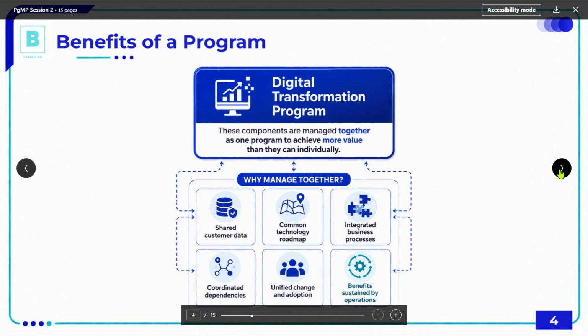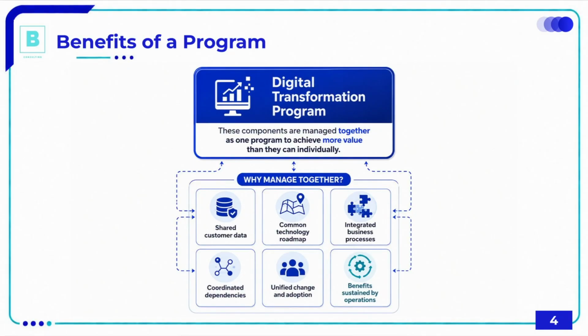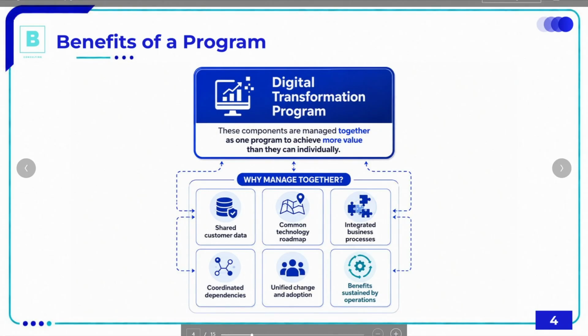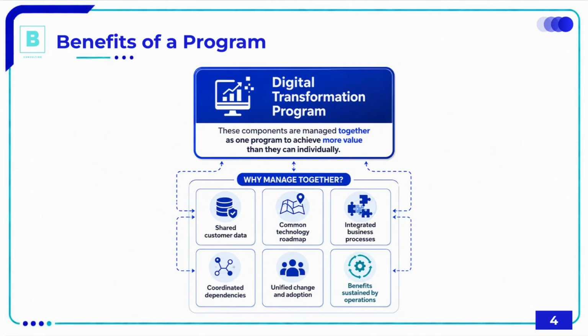Managing projects together can help, especially if there is customer data being shared among the projects. So there is some sort of synchronization and coordination. Also, in case there is technology being used in those projects that needs to be coordinated technically. This requires technical coordination because of technical dependencies, for example.